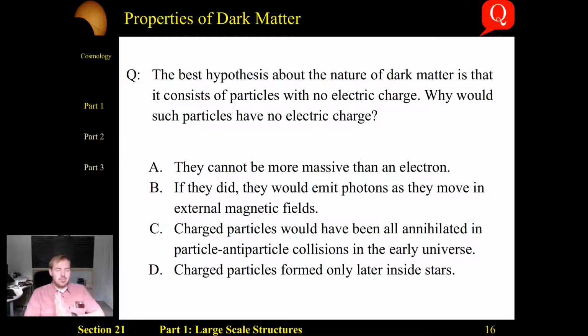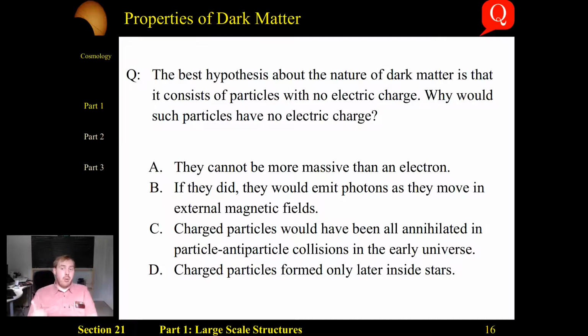So, question I'll propose to you guys now. We're trying to figure out what this dark matter is. And we see how, because it's mass, it can bend light. But we do have some qualifying ideas. We don't know specifically what it is, but we know what properties it must have. And one property of dark matter we know it must have is that it has no electric charge. It must be neutral.